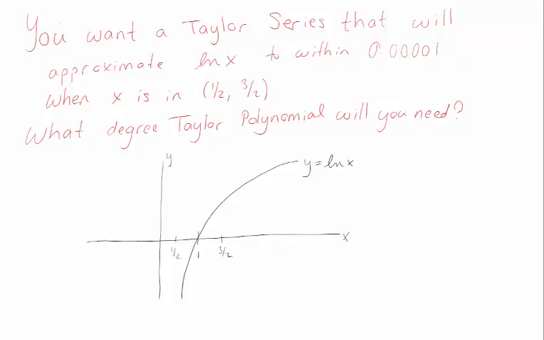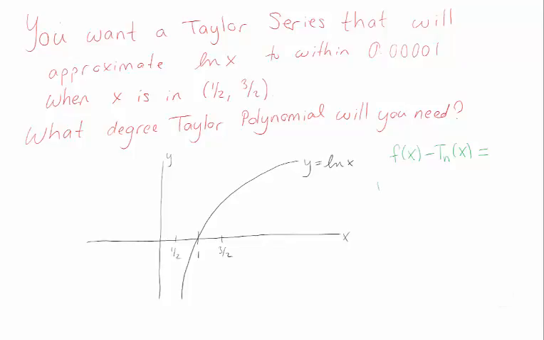Now let's remember what our error is going to look like. My actual function minus my approximate, my Taylor polynomial, is going to be equal to basically the next term in the Taylor expansion, except the derivative is going to be at some point that we don't know yet.